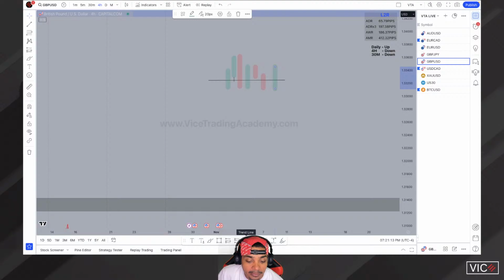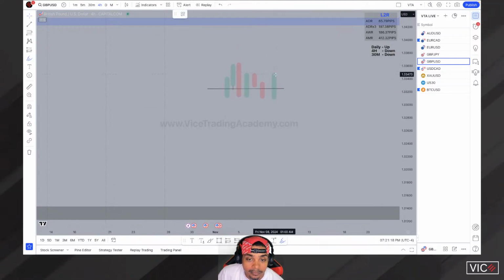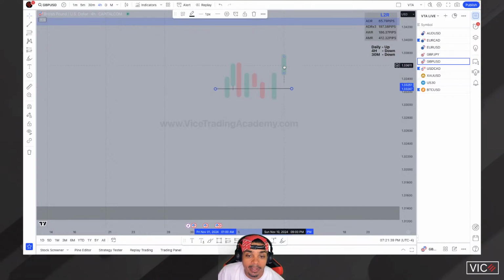Then the following candle, price went above. Right? Let's say there was a wick. Now, in this example here, price broke above, and the following candle closed above, right? And also did not touch. So this will be a confirmed break for me. This is what a confirmed break of structure looks like.